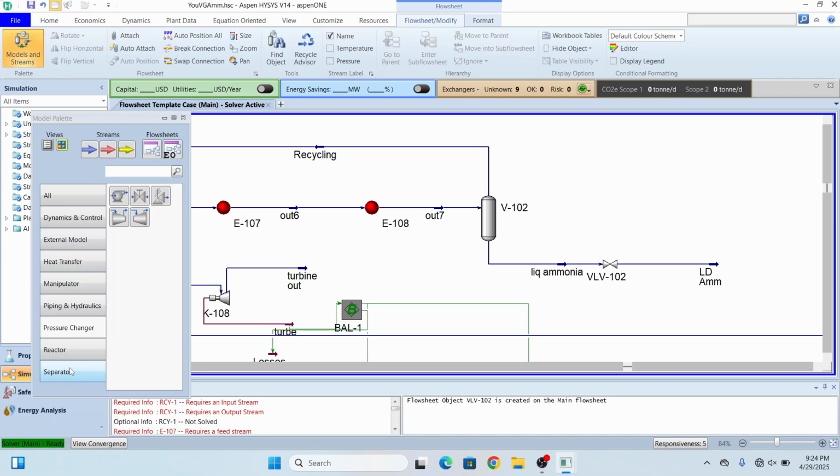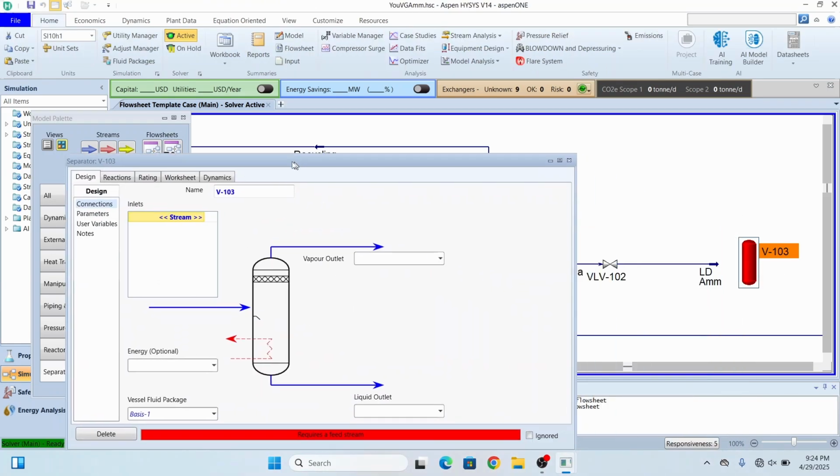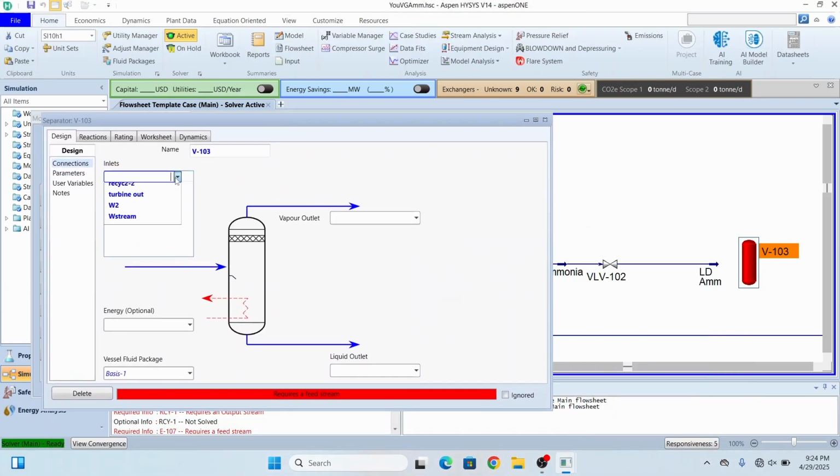So again I will go to the separators here. This is my separation drum, so I will place it over here and double click on it. My inlet will be liquid ammonia. My bottom stream will be the ammonia that you can name ammonia to refrigeration.